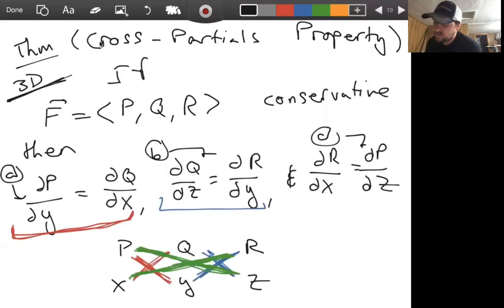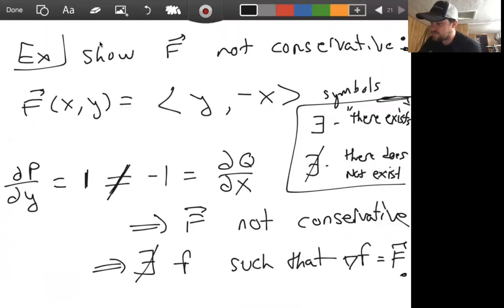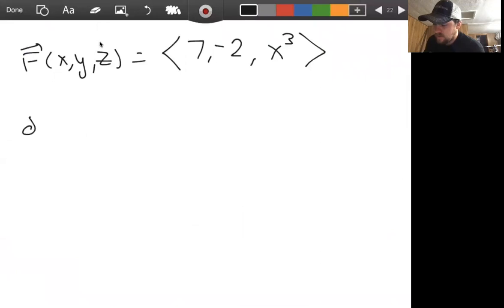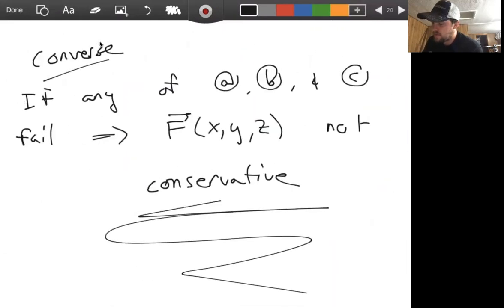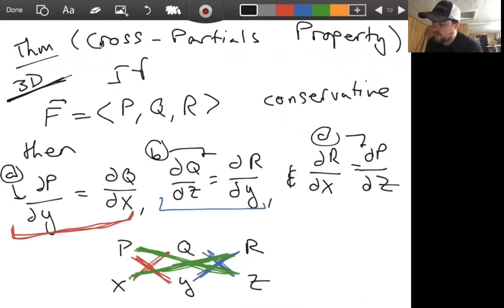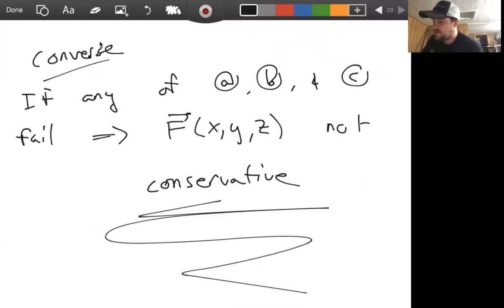So let's start with dP dy and dQ dx. So dP dy is 0 because that's constant, and dQ dx is also 0. So that one's fine. What is B? B is dQ dz and dR dy.